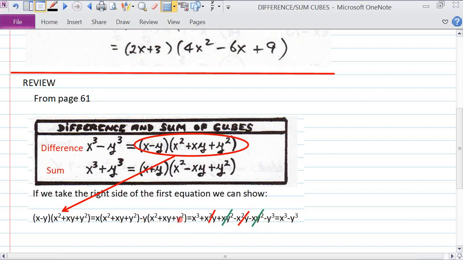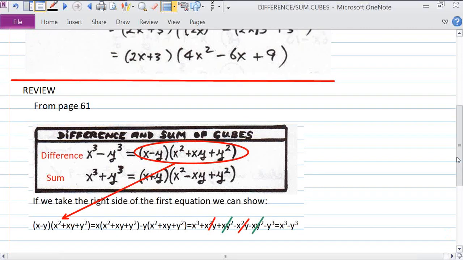And minus y times plus y squared gives me minus y cubed. Now what happens is this red term cancels with that one because one is plus and one is minus. Same thing with the green term here. This plus xy squared cancels with that minus xy squared, and I'm left with x cubed minus y cubed. So this is just showing me that this is the case.